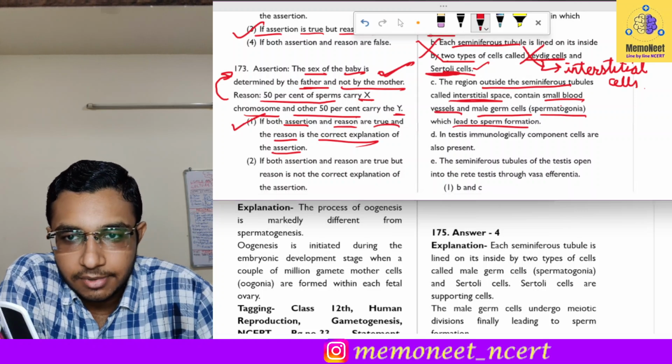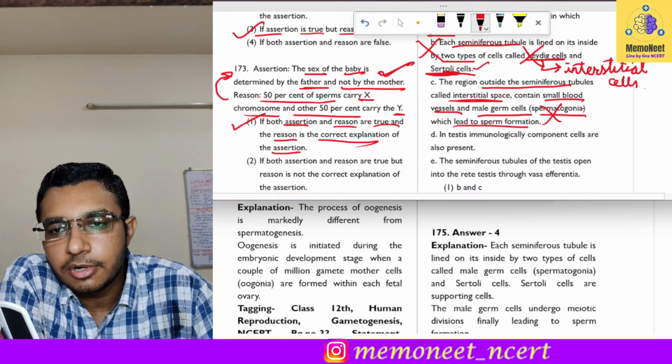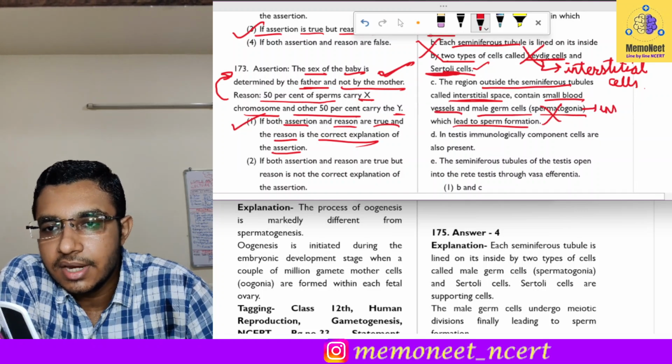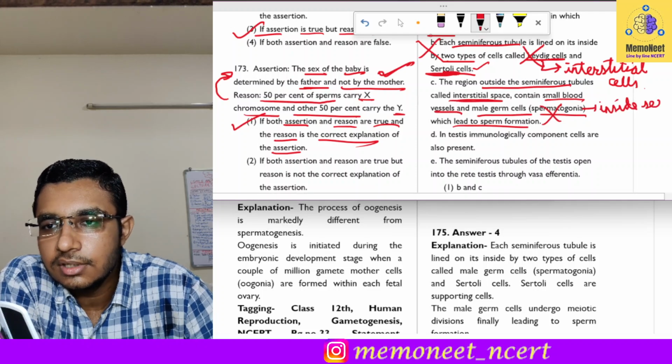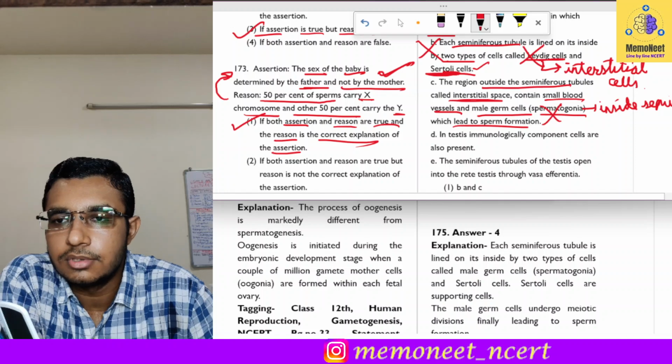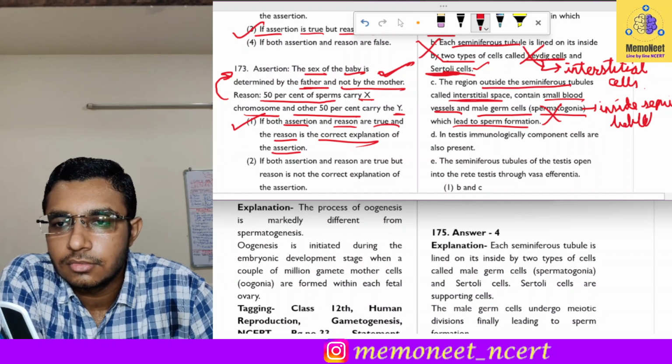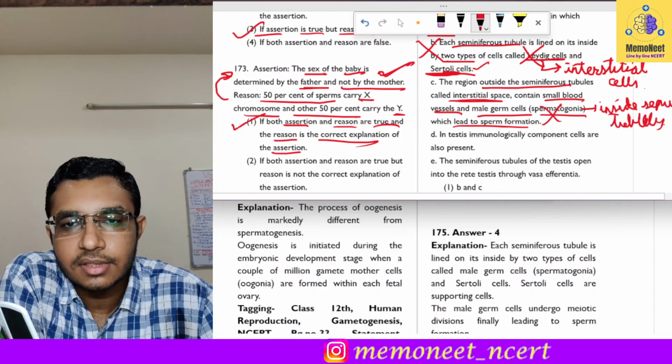Now this statement is also incorrect because the spermatogonia are present inside the seminiferous tubules. It is not present in the interstitial space.